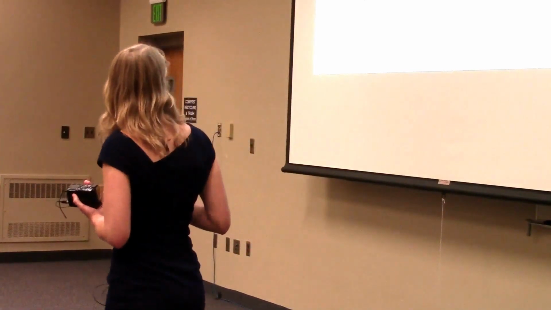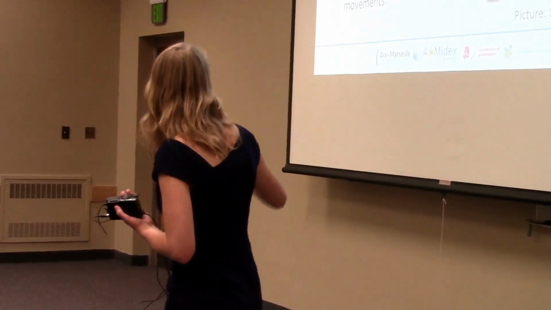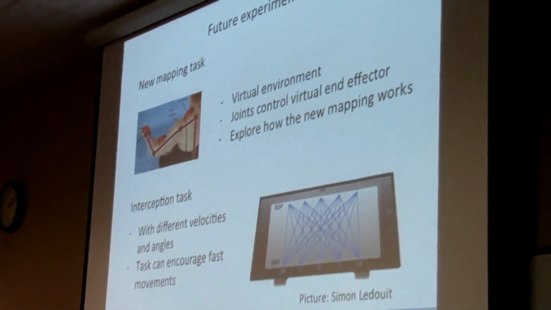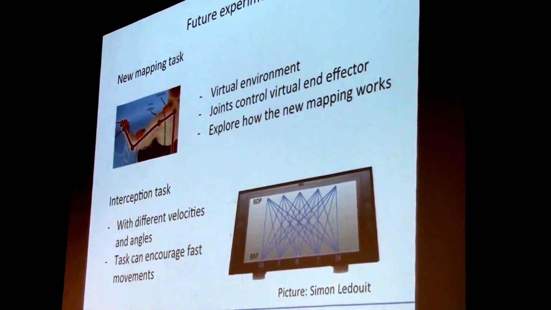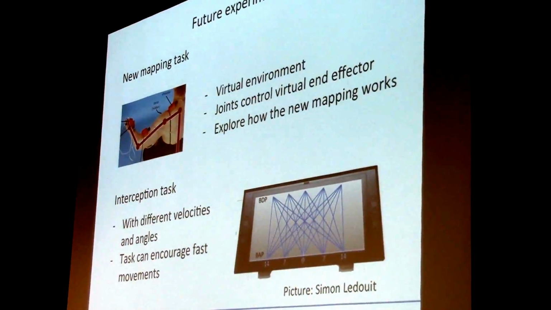We are thinking about doing future experiments with different tasks where more exploration in the joint angles is needed during the task. The upper task is an idea where the joint angles will result in a different end effector, which is a virtual end effector, so the movements of your limbs won't result in change in the end effector like this, but on a screen it would go differently.